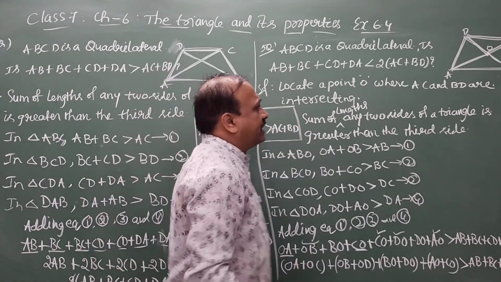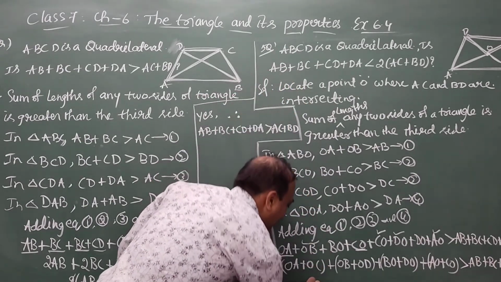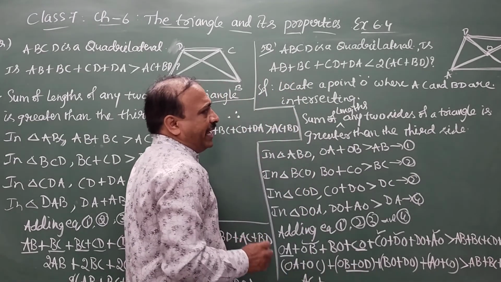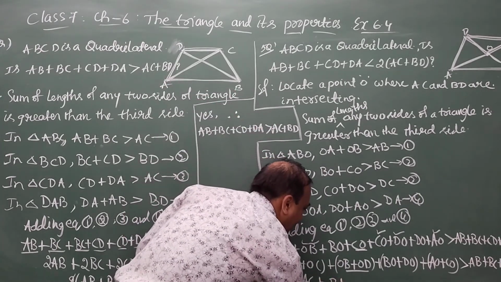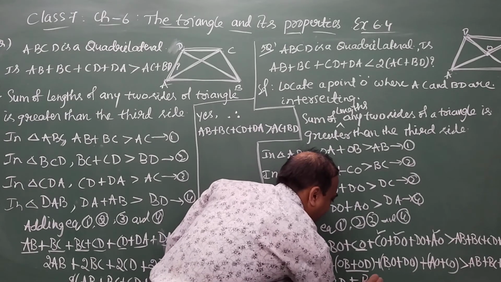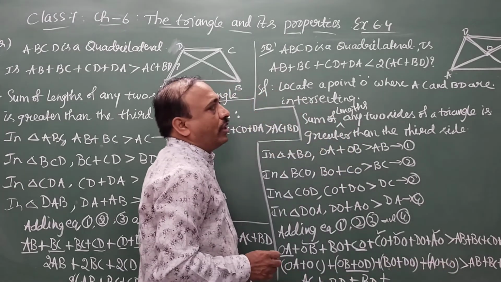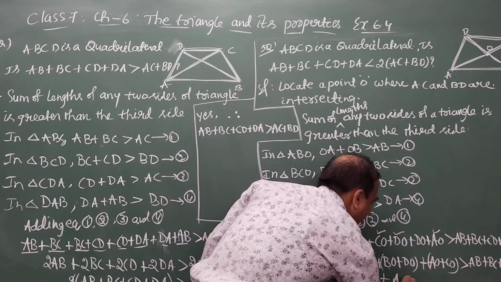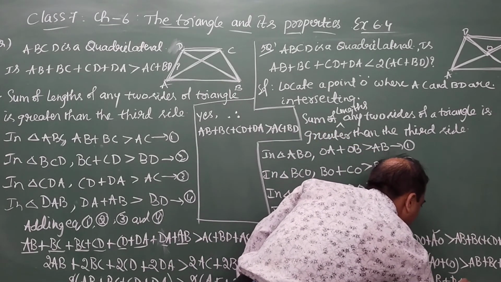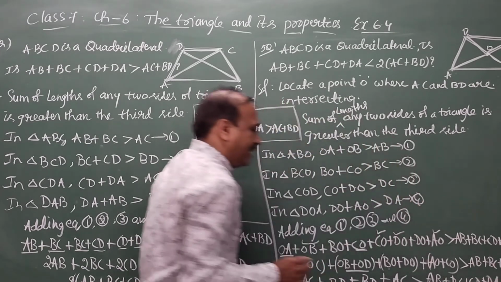Now OA plus OC together will give you the diagonal AC, OB plus OD will give you the diagonal BD, BO plus DO again diagonal BD, and AO plus CO again diagonal AC, is greater than AB plus BC plus CD plus DA.